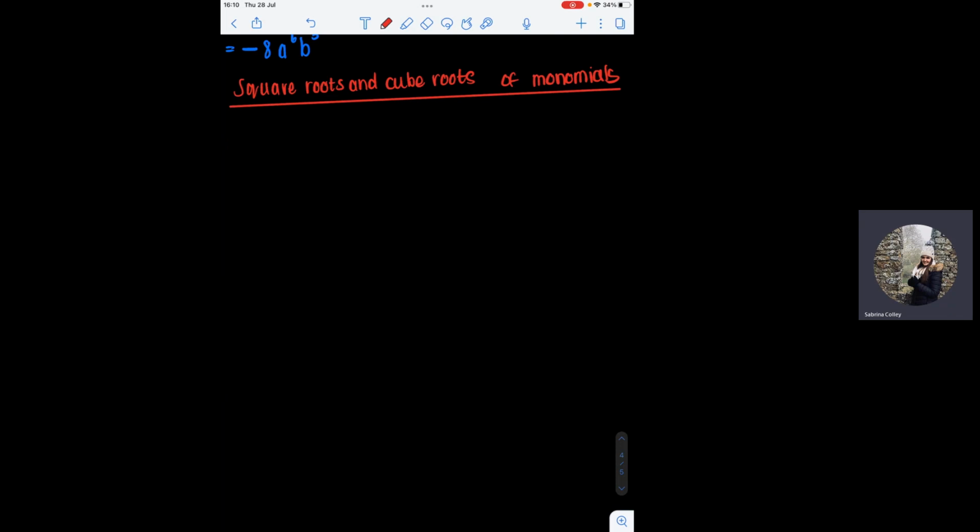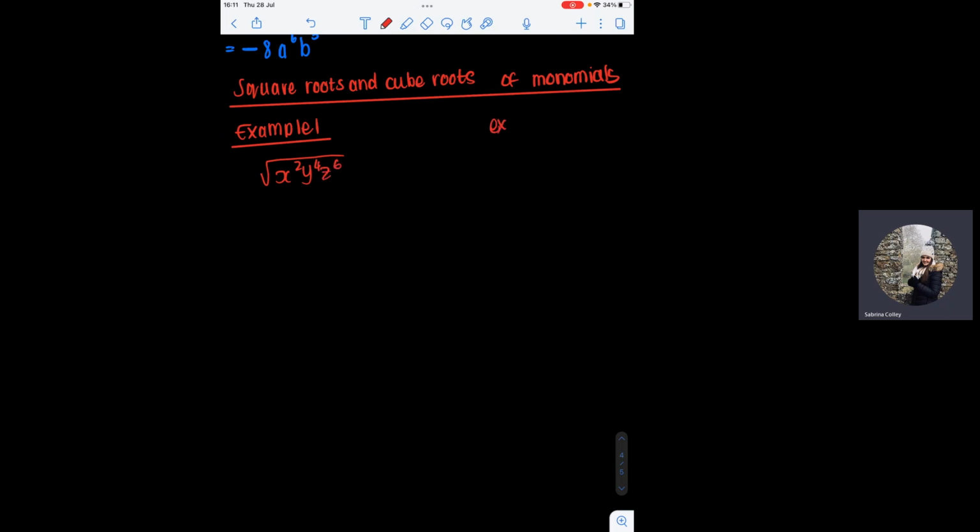So if I have a look here, let's do an example. Example 1, I've got the square root of x squared, y to the power of 4, and z to the power of 6.